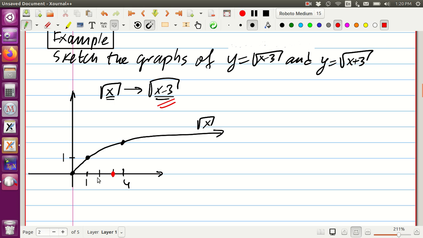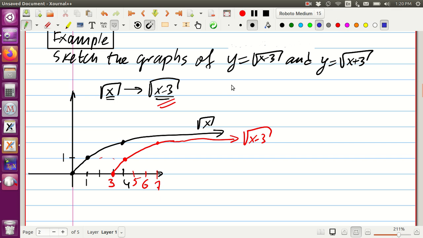The point on the bottom will go to 3, then this point will travel over here to 4, and this point will also travel 3 units to the right. So 5, 6, and 7. So it will travel over here. So we have the same graph, which is shifted 3 units to the right.